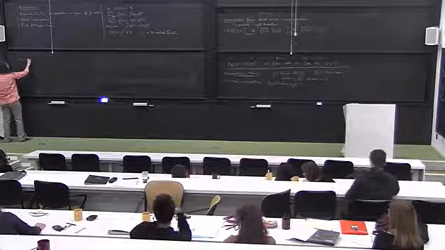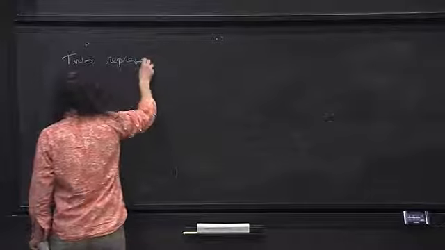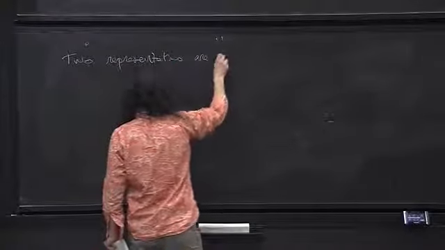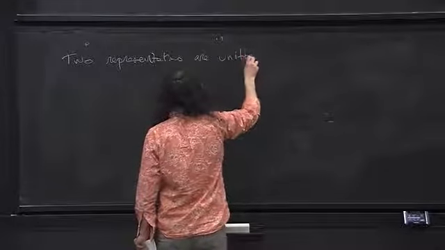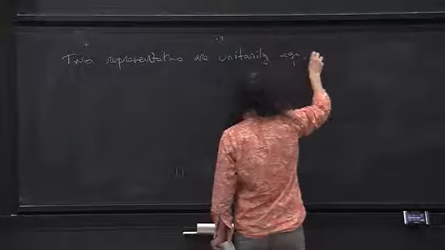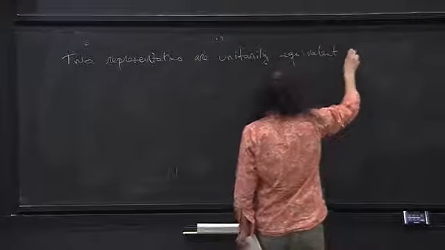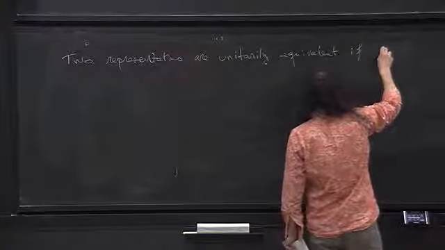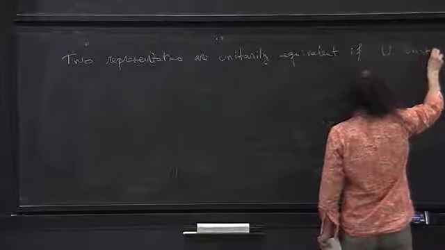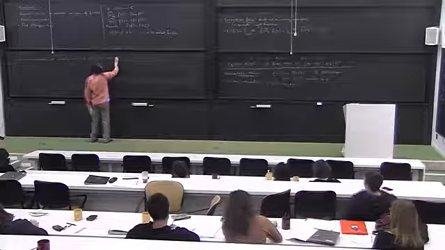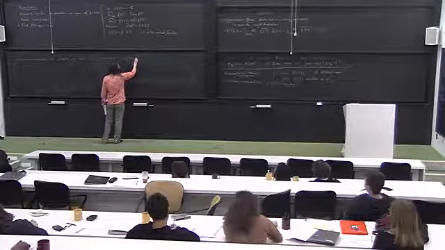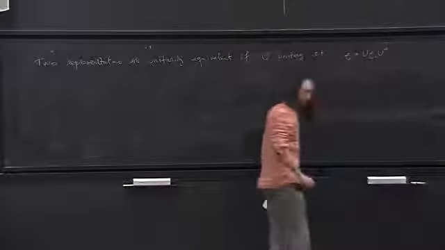So two representations are unitarily equivalent if there is a unitary operator U such that rho 1 equals U rho 2 U minus 1.